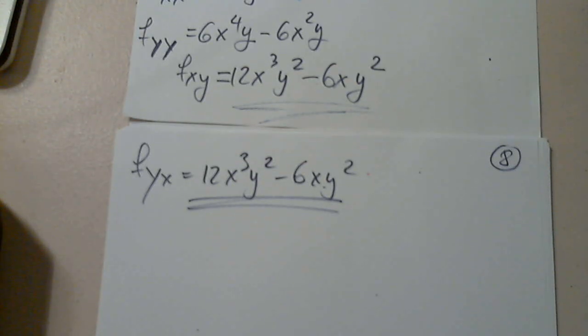So I'm going to jump directly to the last topic of this class, page 576. They're giving us: find the relative max or min value of the function. We have plenty of examples here.